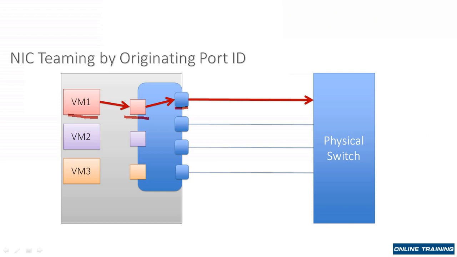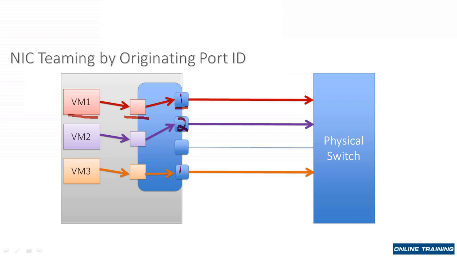So for VM1, all of its traffic as it flows out to the physical network is going to be handled by VMNIC 1. VM2 is connected to a different port on the virtual switch, so therefore it'll use a different physical adapter. We'll just call it VMNIC 2. And virtual machine 3 is connected to yet another virtual port on the virtual switch.